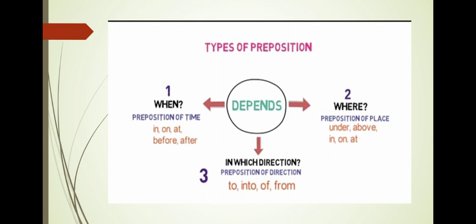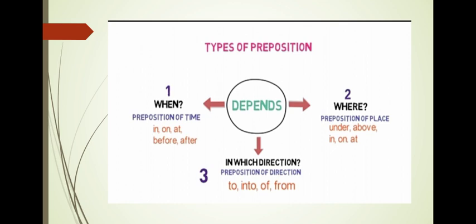The preposition that tells us when any event happened, the time of the event taking place, is called preposition of time. Some examples of them are in, at, on, before, after.